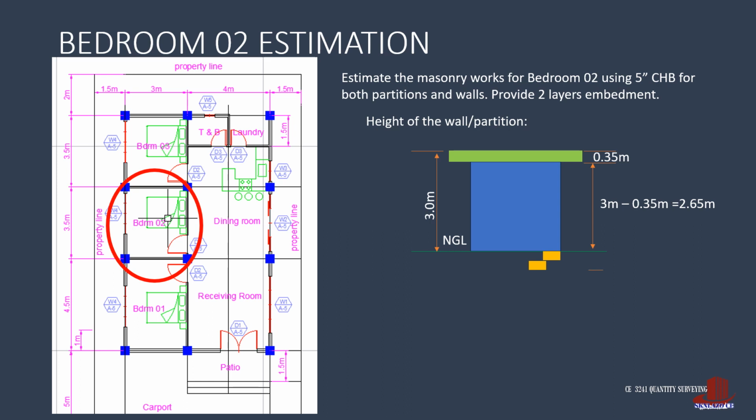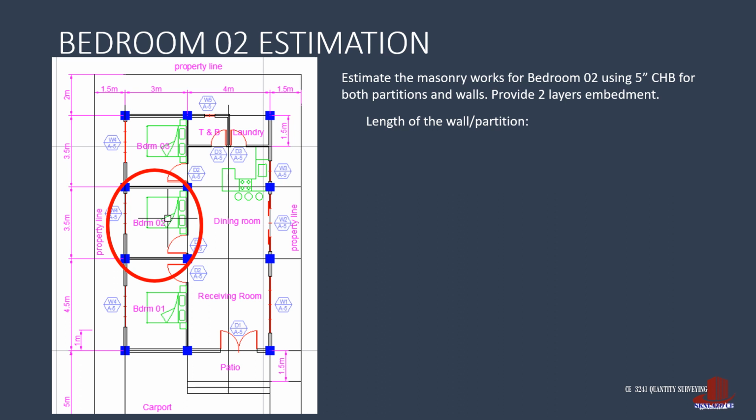Thus, the wall has additional height beneath the grade of twice of 0.2 meters, giving 0.40. So the total height of the wall or partition is 2.65 plus twice of 0.2, resulting to 3.05 meters.